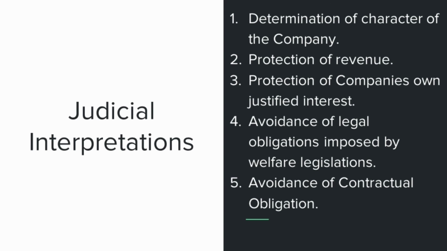avoid their contractual obligations. So, for determining the character of the company, for the protection of revenue, protection of company's own justified interest, for avoidance of legal obligations imposed by welfare legislations, and avoidance of contractual obligations, the court will assume that company and the members are one and the same.